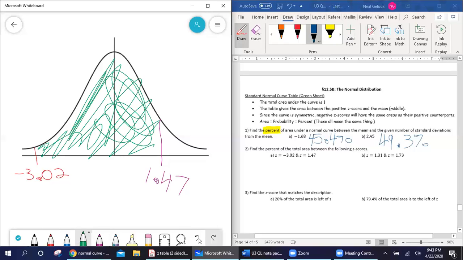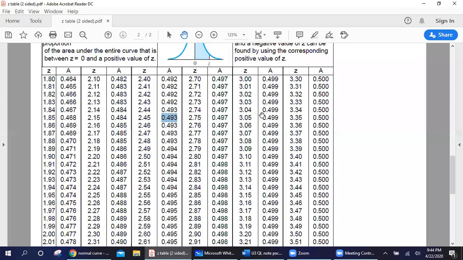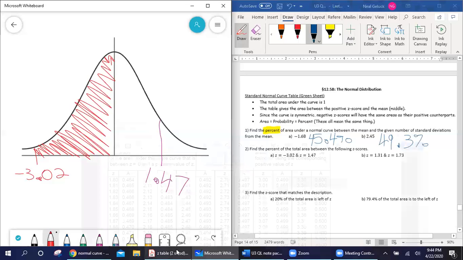So I'm going to basically do this problem in two pieces. I'm going to find the area from negative 3.02 to the mean. If I look at my table, 3.02 goes with an area of 0.499.